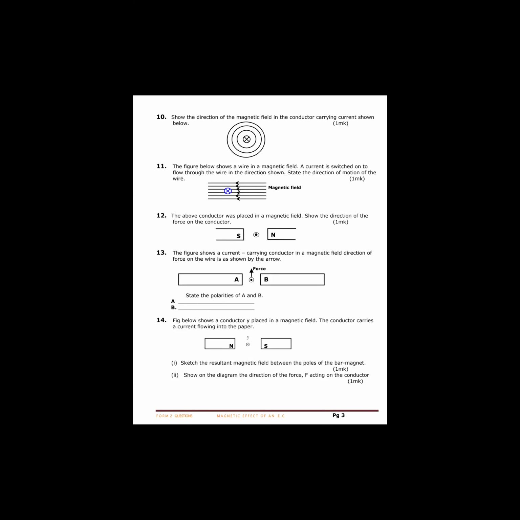Reason? Why is A North Pole and B South Pole?